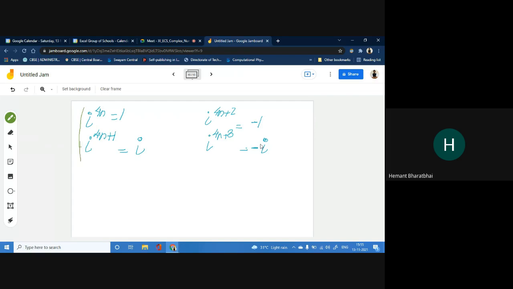This is called the powers of i. So any power of i you can find out using this formula.